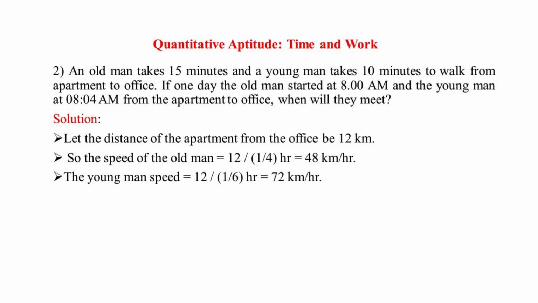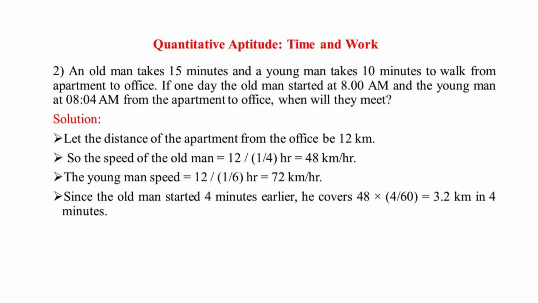Then in the next step, the old man started 4 minutes earlier, so he will cover some distance before the young man starts walking. So 48 into, the old man's speed is 48 kilometers per hour, into the head start. The young man started at 8:04 a.m., the old man started at 8 a.m., that is 4 minutes earlier.